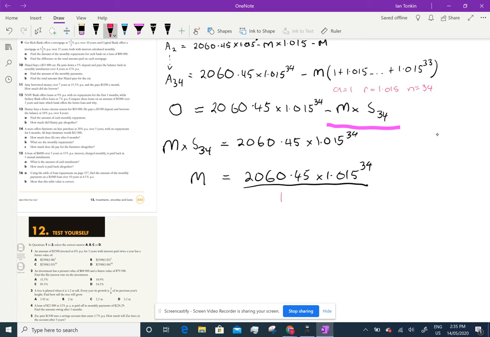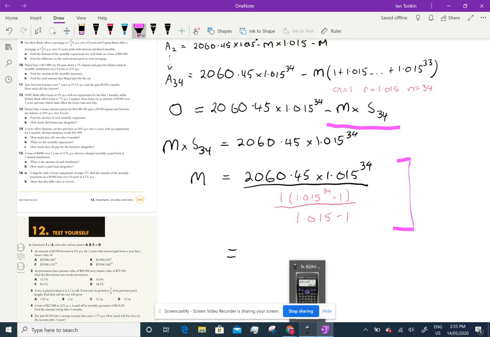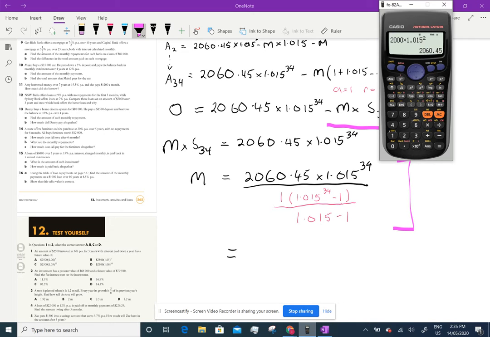So 1, even though I know that one makes no difference, I'm going to put in so that if an examiner were watching this, they go, oh, this person knows what they're doing, 1.015 to the 34 minus 1 over 1.015 minus 1. And that is the most important bit. Please show it.